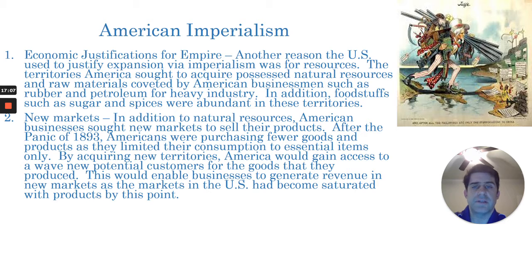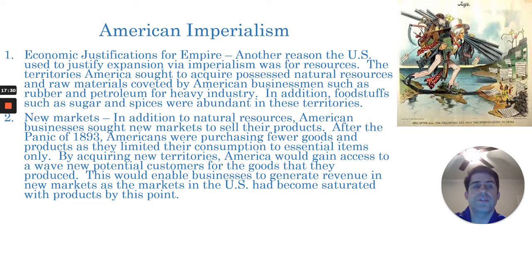Economics, business, greed, avarice, trying to make more money. There were economic justifications for empire, and the U.S. used several of these to justify expansion via imperialism in order to acquire resources.